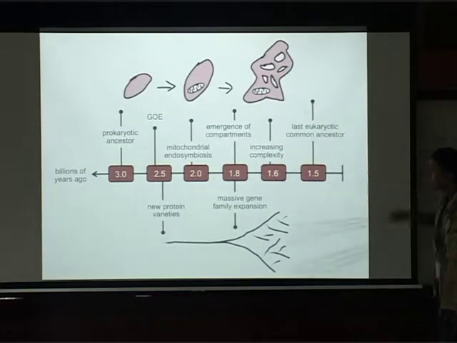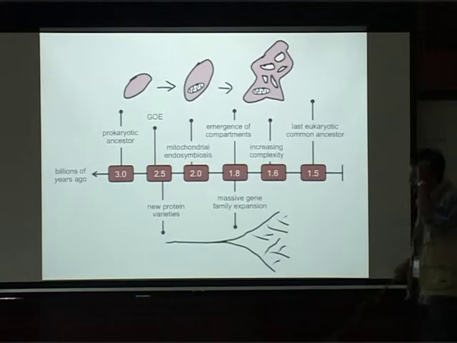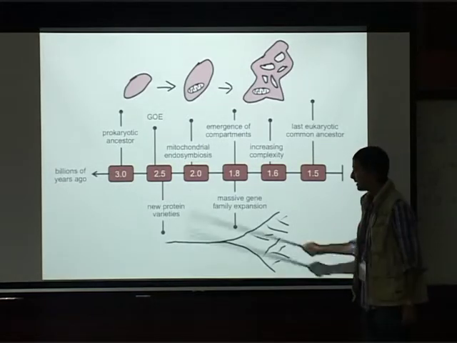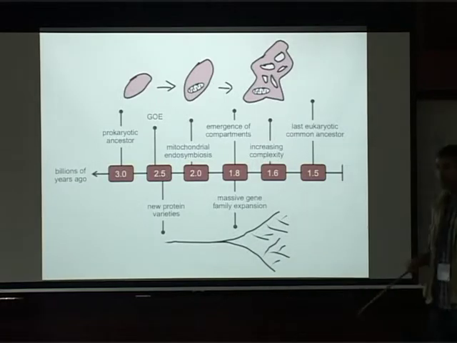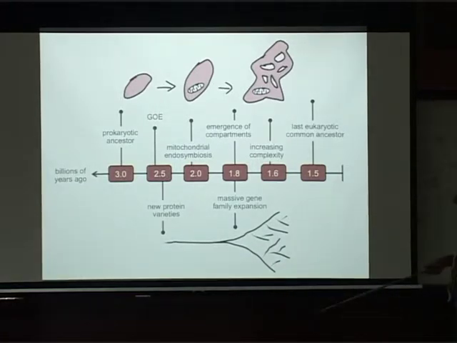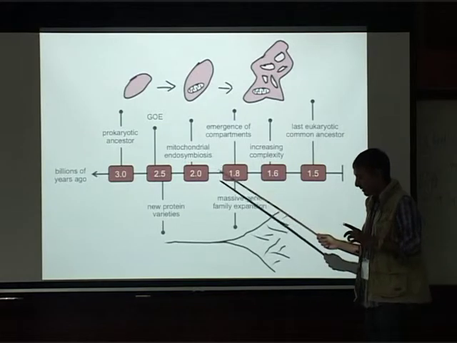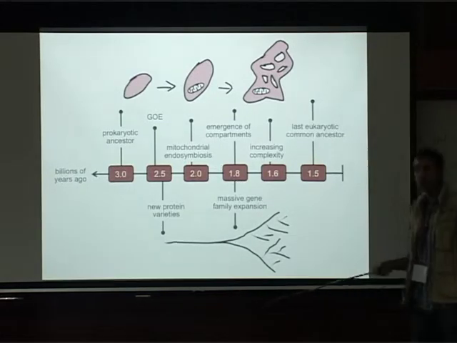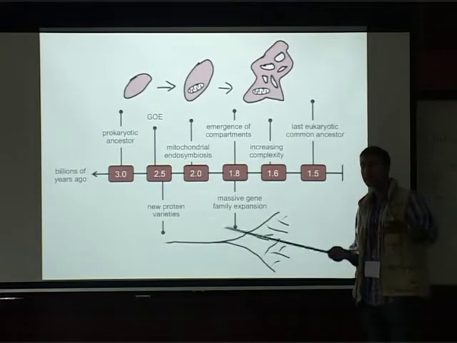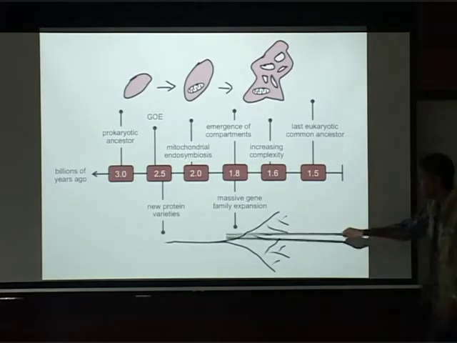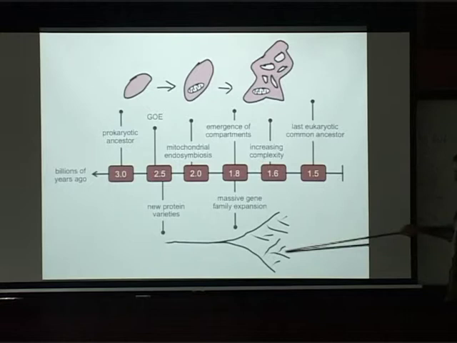If you look in the genomes of eukaryotes, you see the following pattern. It's very striking. First of all, there are some protein varieties that occur only in eukaryotes and not in prokaryotes, although this is not very important for the argument. What is very important is that prokaryotes tend to have 0 or 1 copies of many of these types of proteins, whereas eukaryotes tend to have 10, 20, 30, 40 copies. There's what's called a gene family expansion.